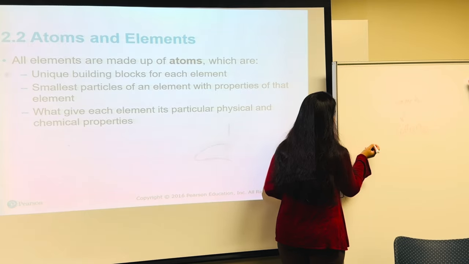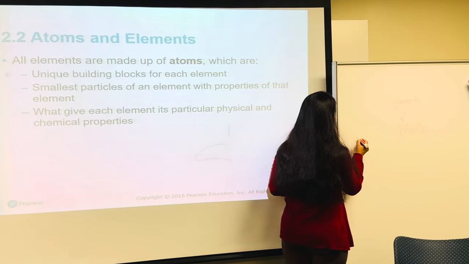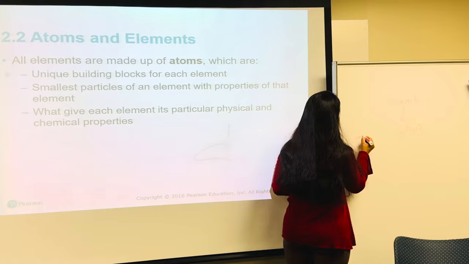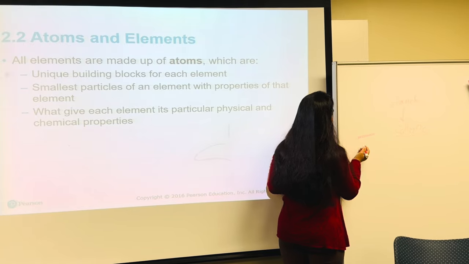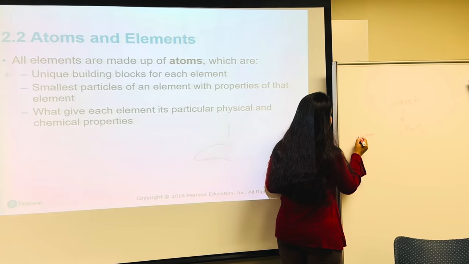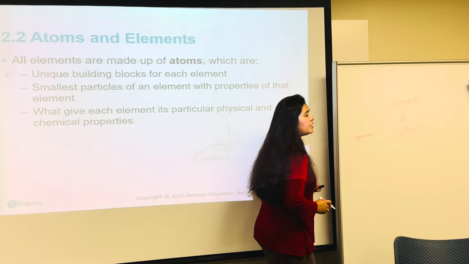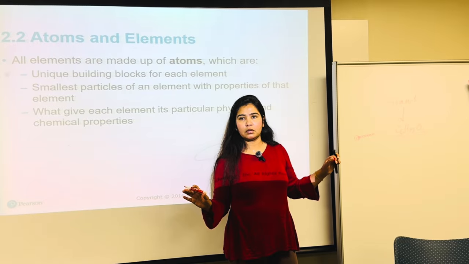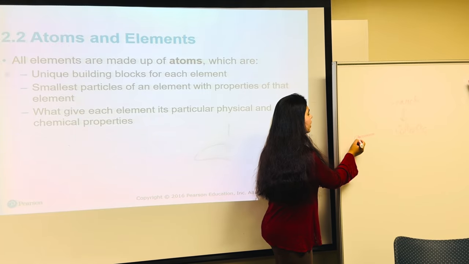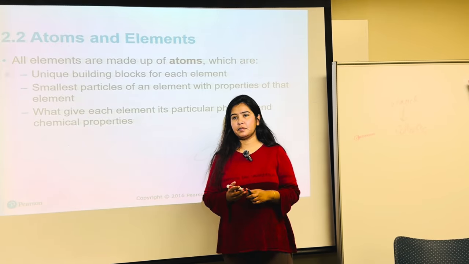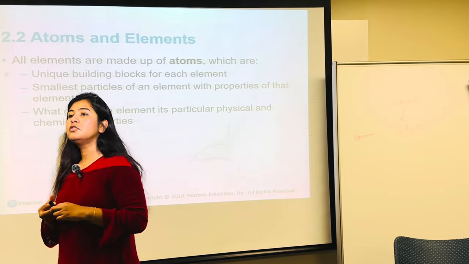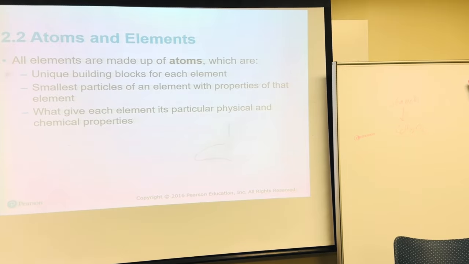For example, if I am thinking about my gold chain, the gold chain is made up of so many golds, right? When you break it down to this point, after this you cannot break it down anymore. That is called the what? Atom. So atom is basically the what? Structural unit, the smallest unit of the elements. Okay.